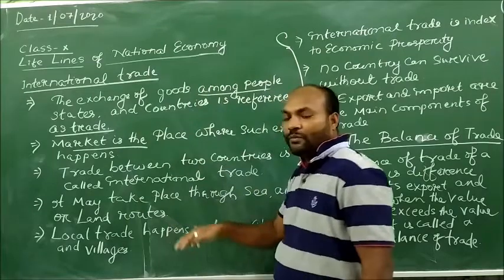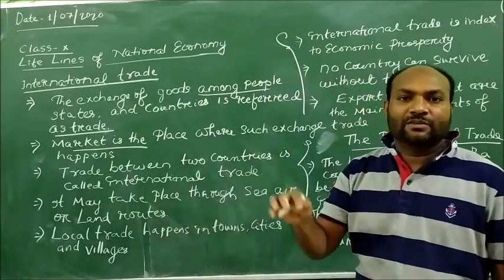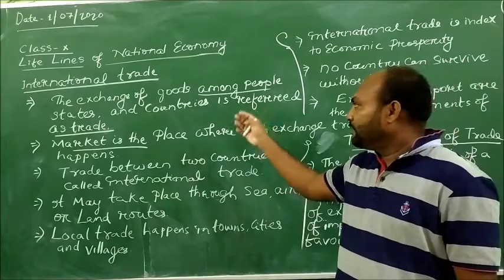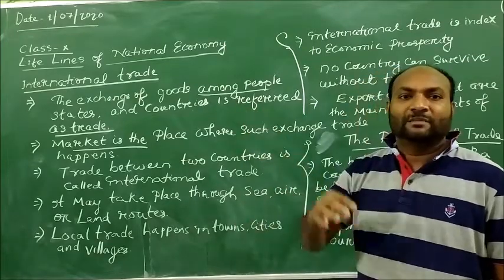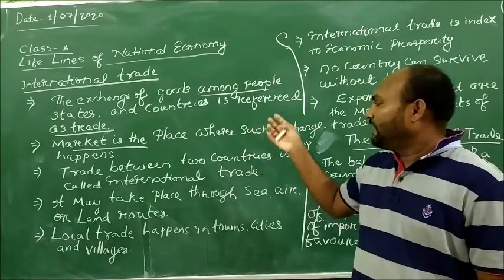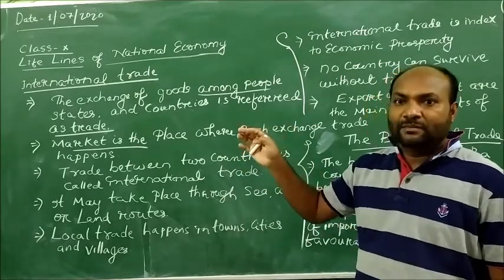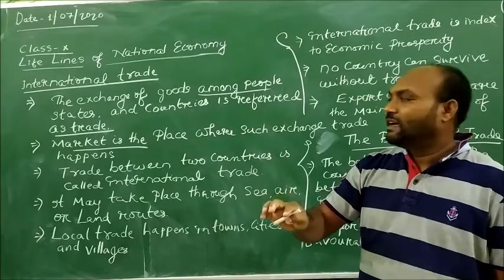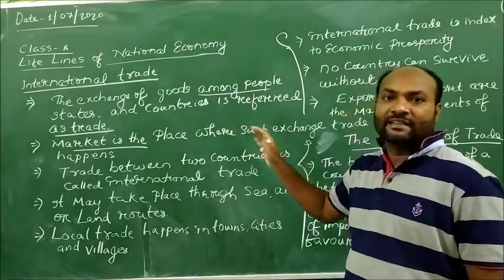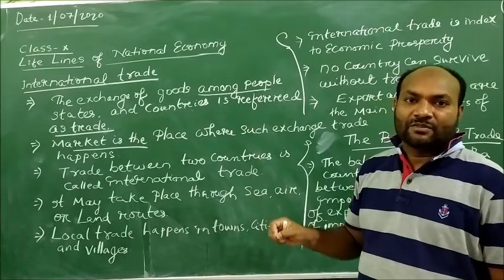So here, when we are exchanging the goods between different kinds of people, with different states, among different countries, and with different people in the society, it is referred to as trade. So what is trade here?